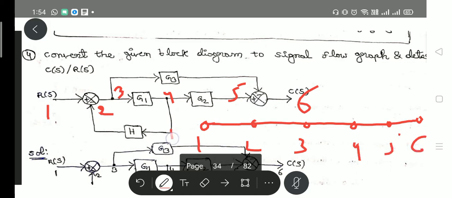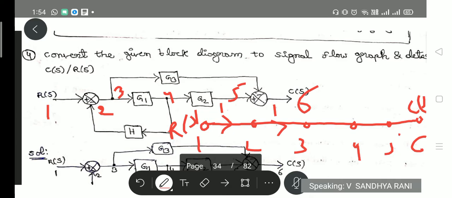The first node is R of S. The sixth one is C of S. After that we take the summing point as 1. Then 2 to 3, nothing is there, so 2 to 3, 1 I am taking.